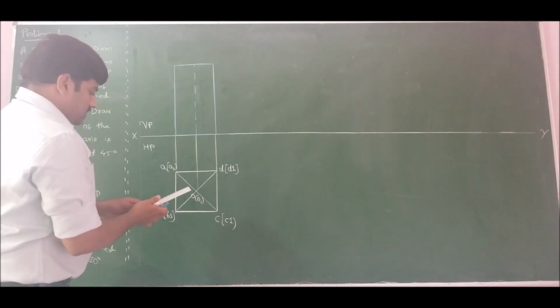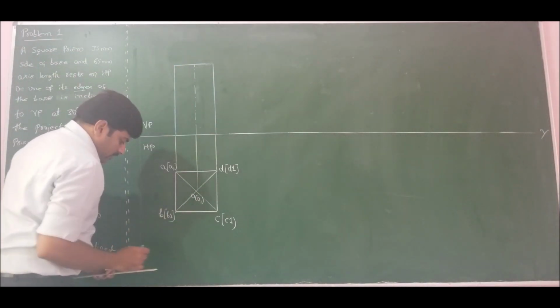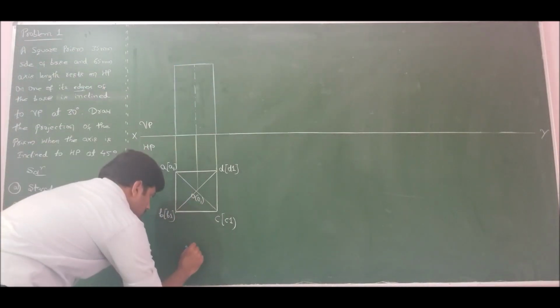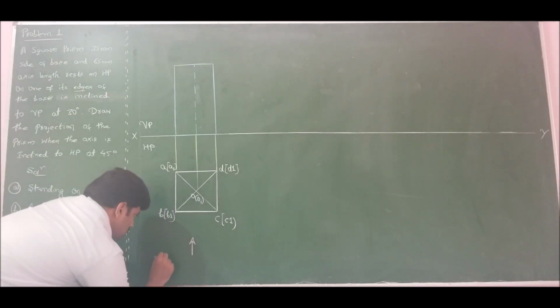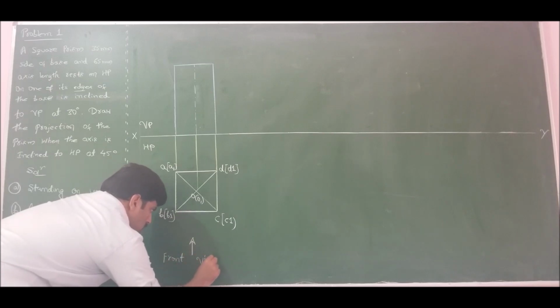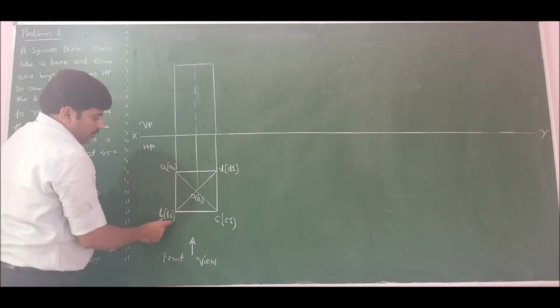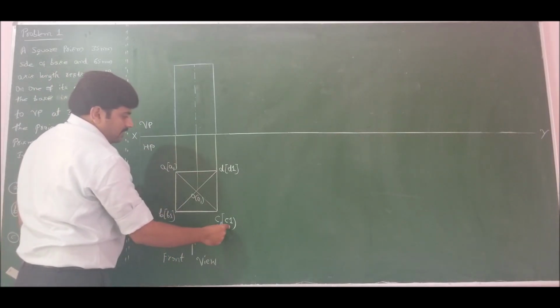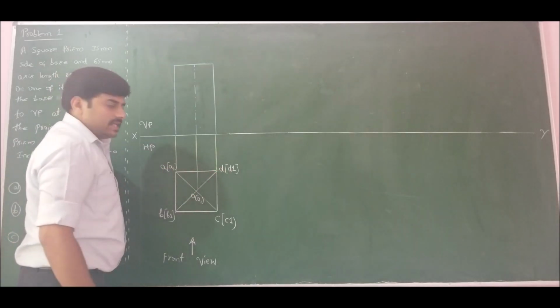So mark the face. If I see in its front view, the observer will be here in the front view. So this is the observer position in the front view. If I view from here, I can see both BB1 and CC1, whereas AA1 and DD1 are invisible.